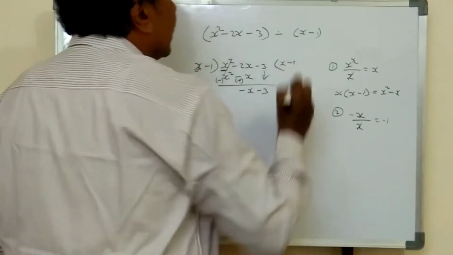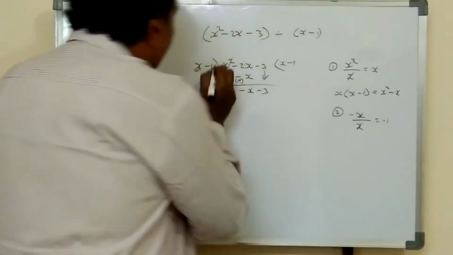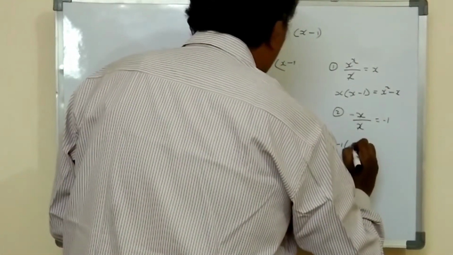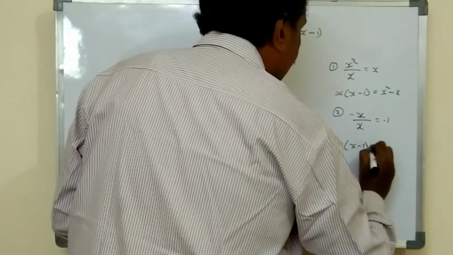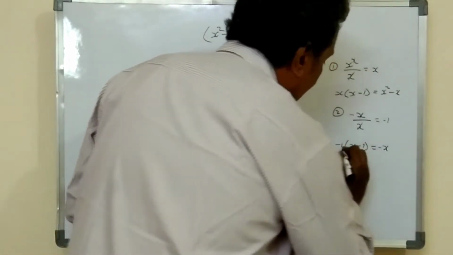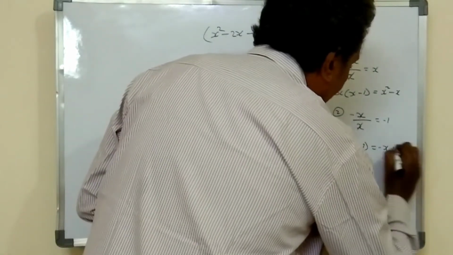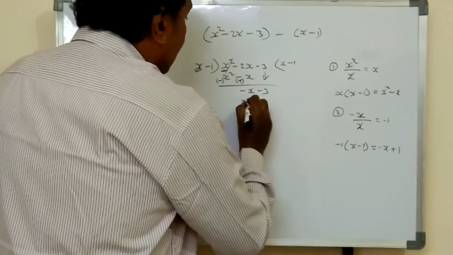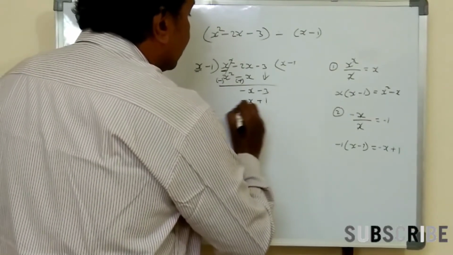So keep the minus 1 here. Minus 1 into this entire binomial, minus 1 into x minus 1: minus 1 into x is minus x, minus into minus is plus, 1 into 1 is 1. So keep this here: minus x plus 1.